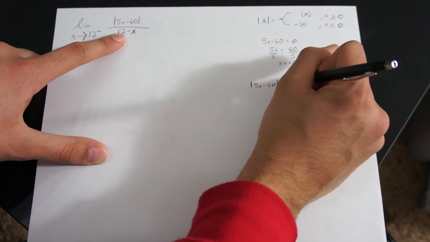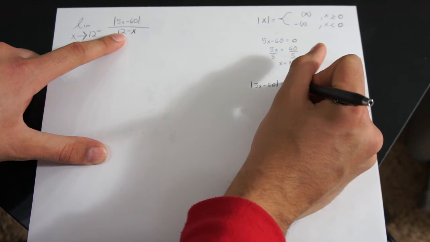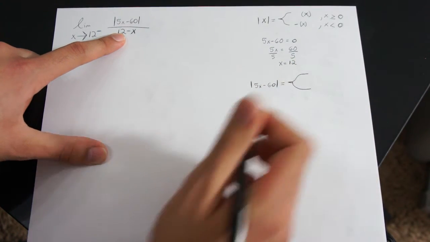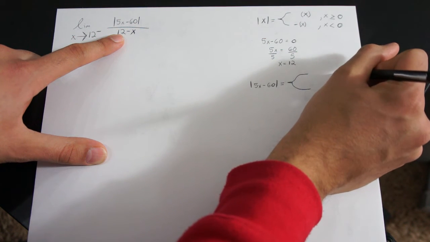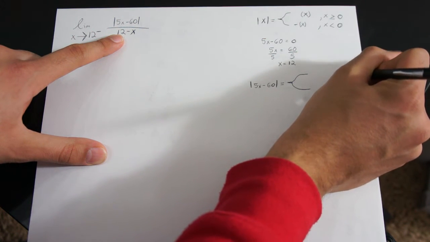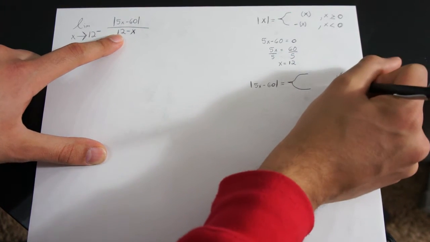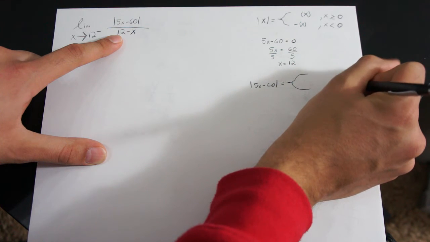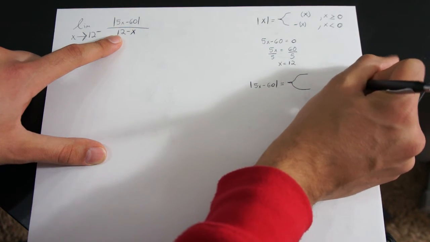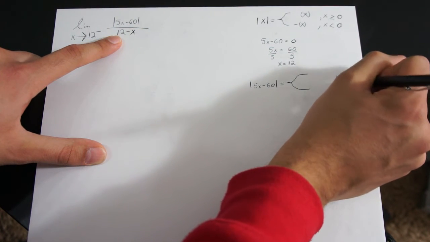And then we can break this into two parts. For one part, we would have x is greater than or equal to 12, and for the second one we would have x is less than 12.